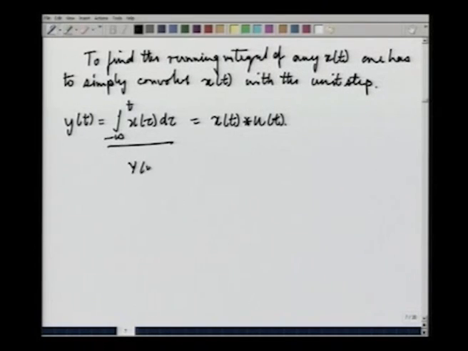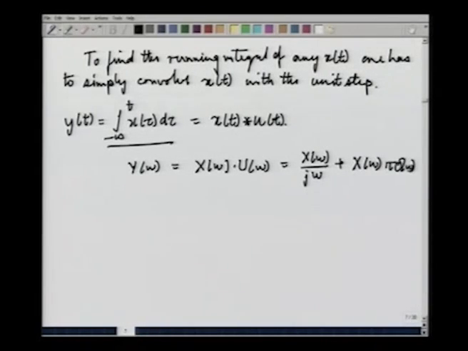Then you have y of omega equals x omega multiplied by u of omega, which is equal to x omega by j omega plus pi x omega delta omega.